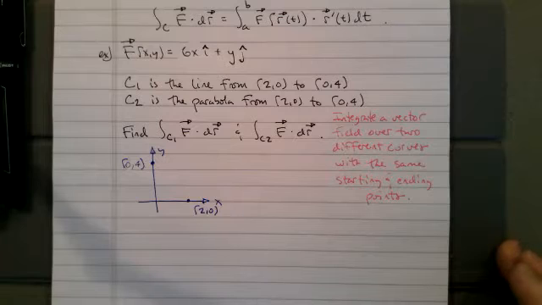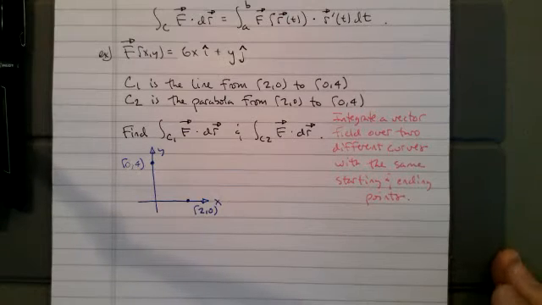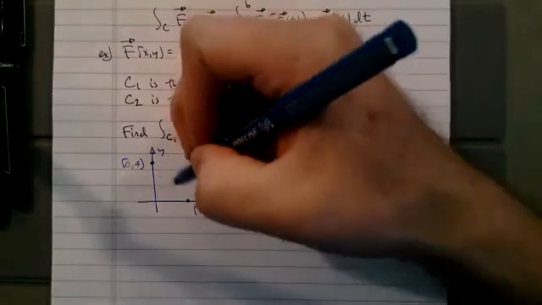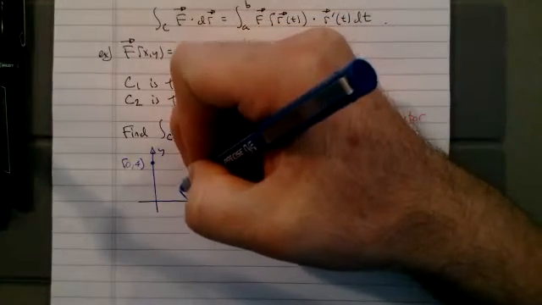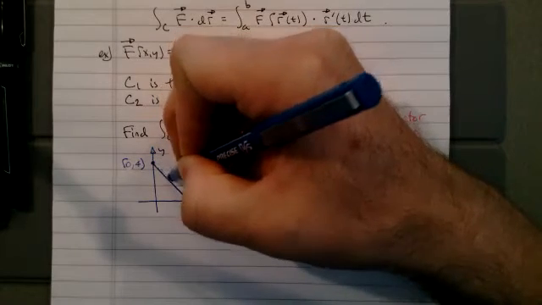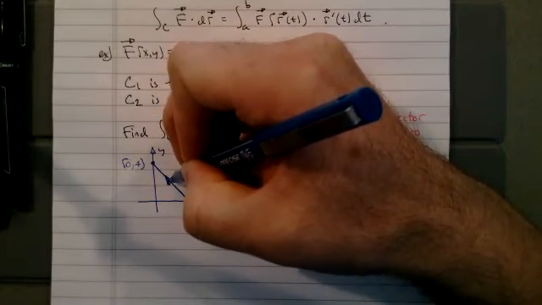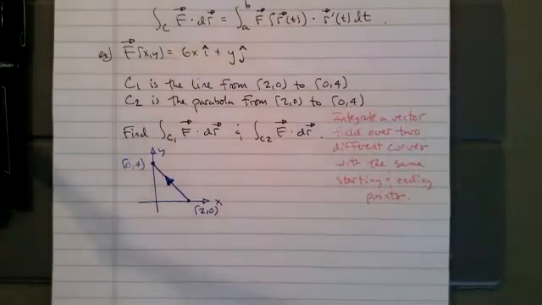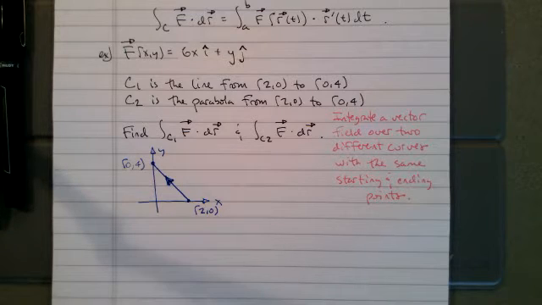C1 is the line from (2, 0) to (0, 4). So we've got to parameterize this line from (2, 0) to (0, 4).